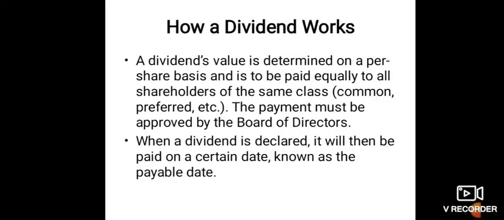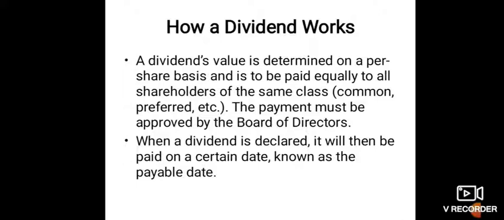Next, let's move on to how a dividend works, that is, how it is determined. A dividend's value is determined on a per share basis and is paid equally to all shareholders of the same class.